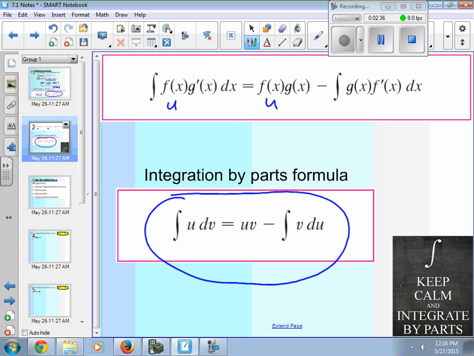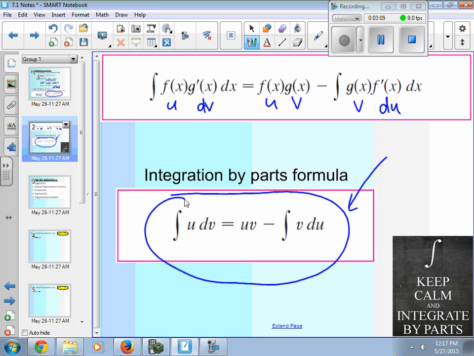Any g of x we call v. Any derivative of those two functions, if it's a derivative of f, we're going to call it du. And if it's a derivative of g, we're going to call it dv. And so you end up with this integration by parts formula shown here. And that's what we're going to be using to help us integrate any functions where you have a function times the derivative of some other function.